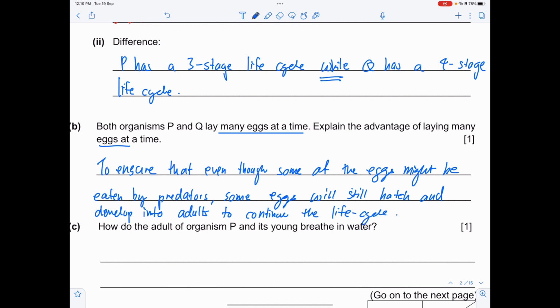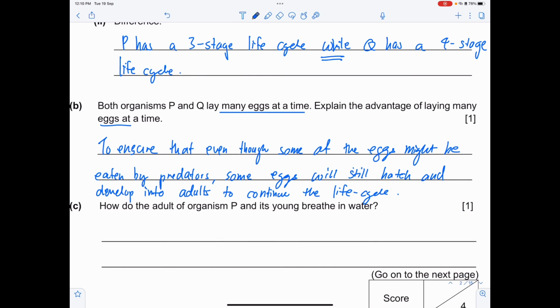Okay, next. How do the organism P and its young breathe in water? So be very careful. In this question, it is not asking you for a similarity, even though it looks very much as if they are asking for a similarity. No, they are asking you how each of them breathe.